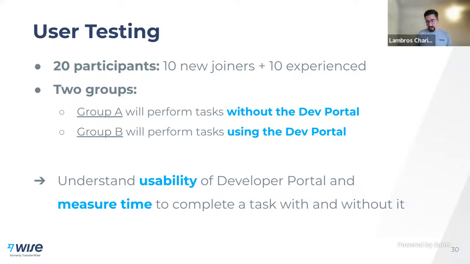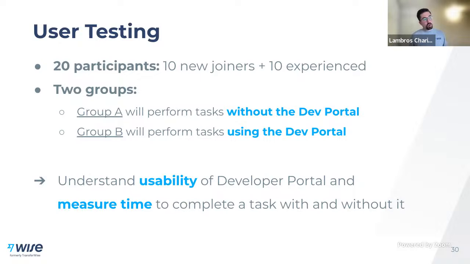So for this, we did user testing. So we basically picked 20 engineers, again, all over the board, new joiners, senior people. And then we basically created 2 groups. One group would have dev portal and one wouldn't have dev portal. And then we would give them tasks to solve, right?